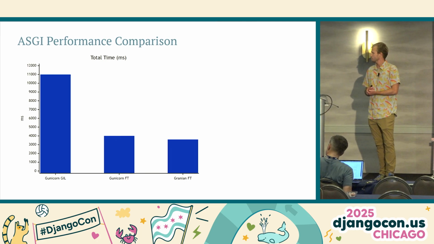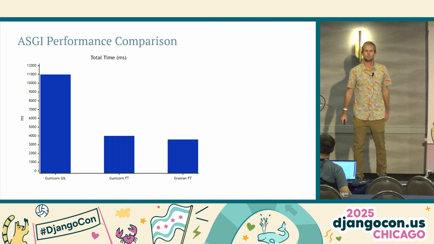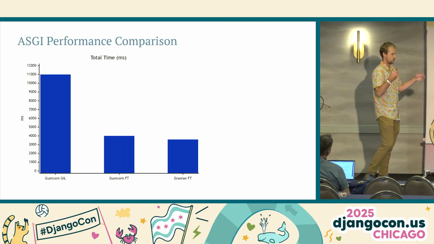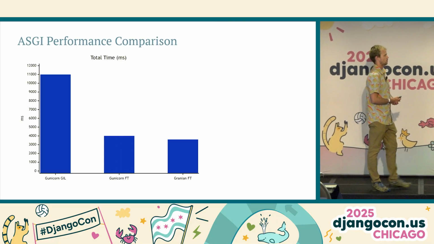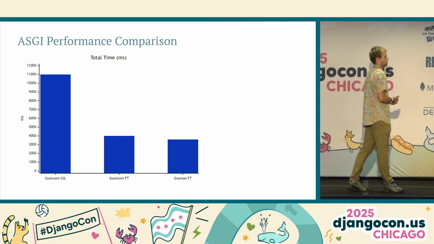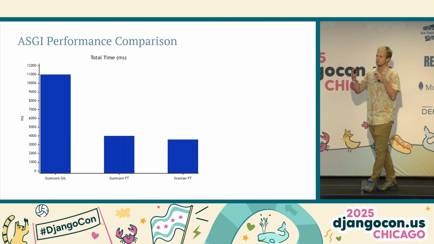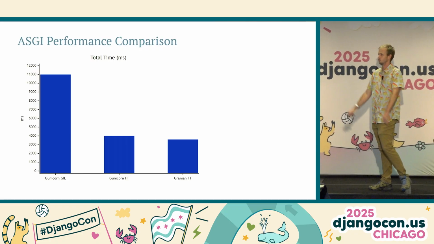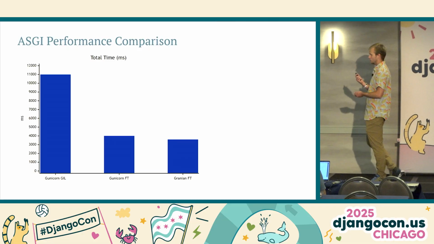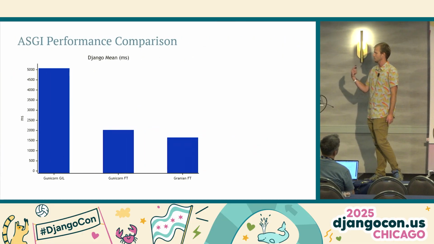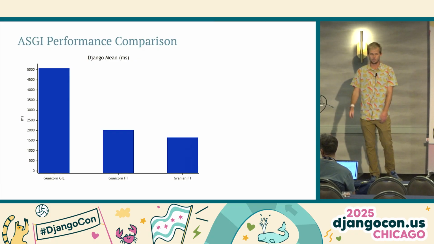So with ASGI, with a CPU-bound thread that had to run, free-threaded Gunicorn, which is the middle, was at least twice, if not maybe 3 times, now I think 2.5 times faster or so. And again, this is on a specific server configuration with a specific number of cores. This will vary based on your use case. Granian was a little bit faster, and this is the mean time, a little bit different per request. Granian was a little bit faster.